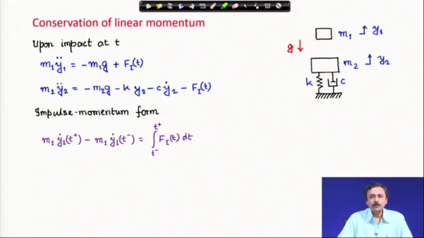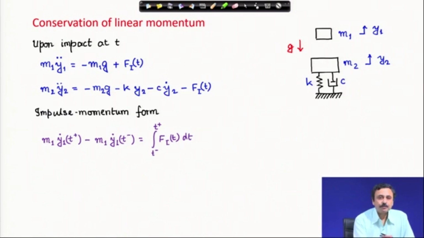Now, let us look at the impulse momentum form for the very short duration of impact. Say the time of impact is t, where t plus means just after impact and t minus is just before impact.